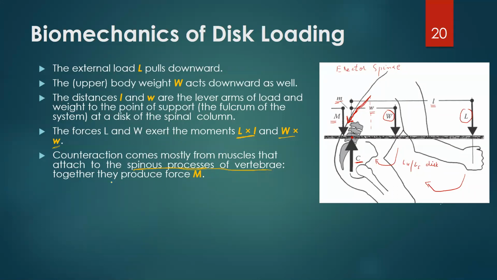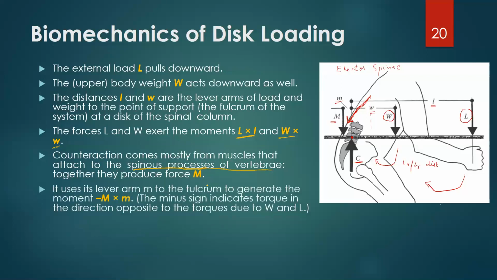And together, these muscles produce a force capital M. So this force M uses its lever arm small m to the fulcrum to generate the moment minus M into m. The minus sign indicates the torque is in the direction opposite to the torques due to W and L.